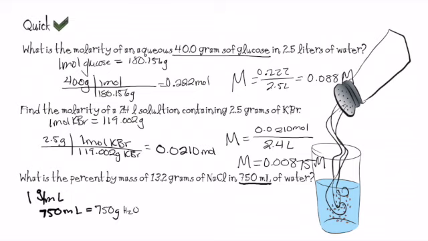So to find the percent by mass, we have the mass of the solute divided by the total mass times 100. So we have 13.2 grams divided by 750 plus the 13.2 grams, so 763.2 grams, times 100. So our solution would be 1.73%.